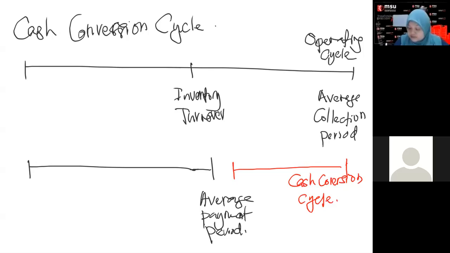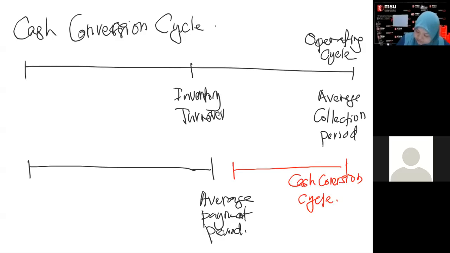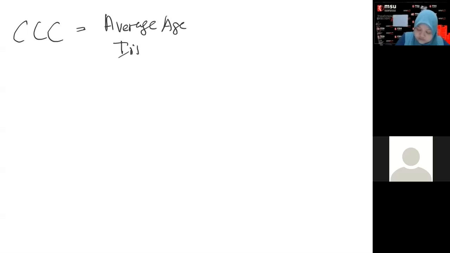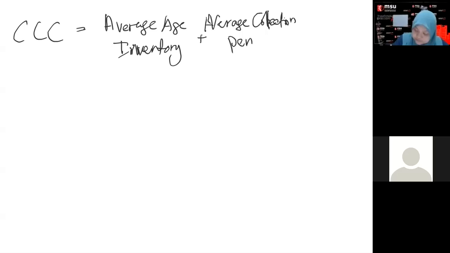So to summarize this in the form of a formula, cash conversion cycle is equal to average age of inventory plus average collection period minus average payment period.